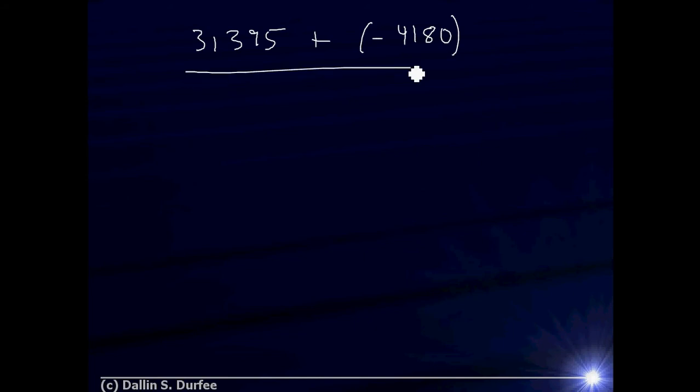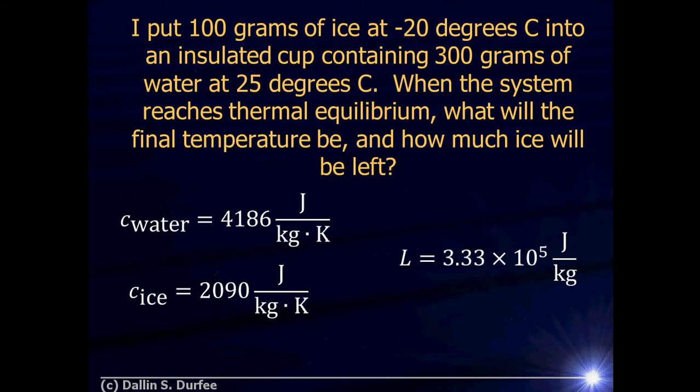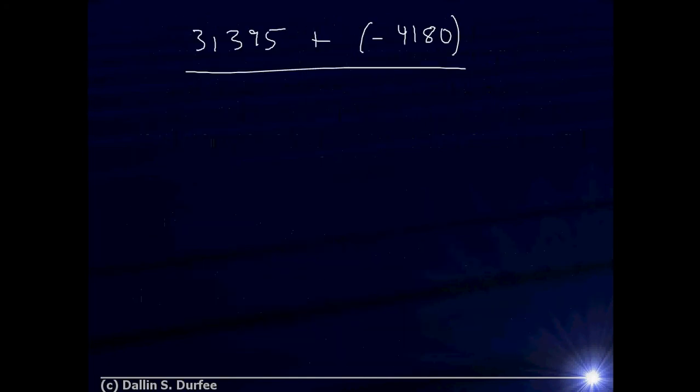All right, so if you look at this, the water, we predicted the water was going to give off, getting down to 0 degrees C, we had 3 times as much water, and the specific heat is about twice as big as for ice. So we expected getting them to 0 degrees, the water is going to give off like 6 times as much heat as the ice absorbs. And it's sort of close, right? So 4 times 6 is going to be 24,000. We got 31, so it's close-ish.